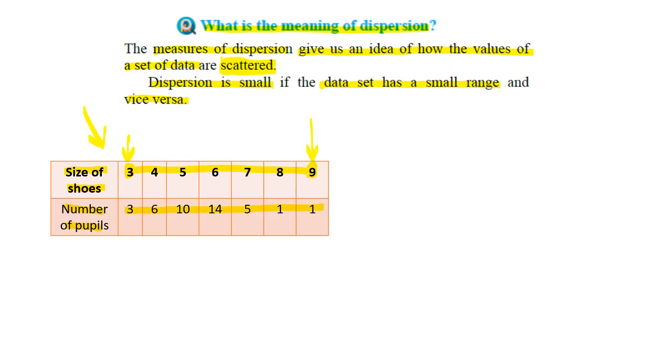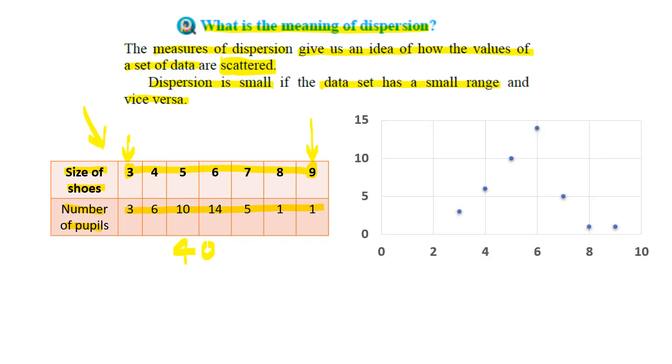You have actually 40 students, and you have also this set of data already transferred into a dot plot, and how can you see the dispersion of the data?